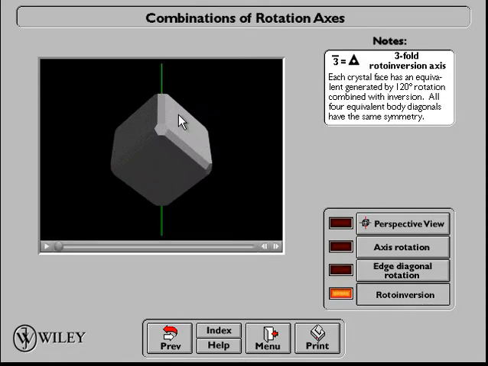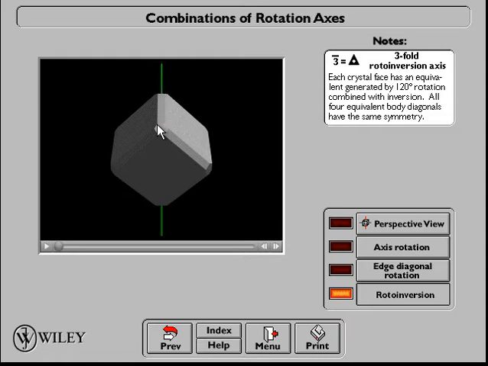So now we have here a 3-fold roto inversion axis, 3-fold with the triangle, 3 with the bar, because we are now going from these small crystal faces through the crystal into this one. Each crystal face has an equivalent generated by 120-degree rotation with inversion. All 4 equivalent body diagonals have the same symmetry.